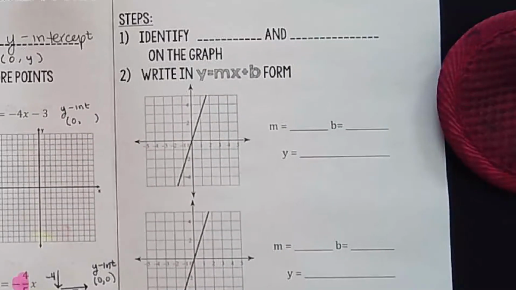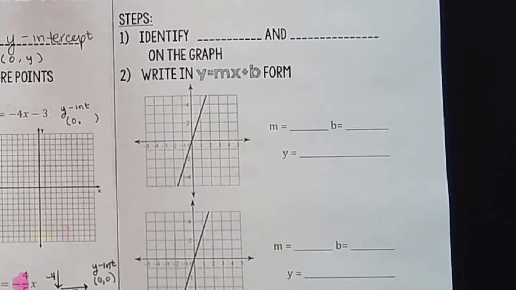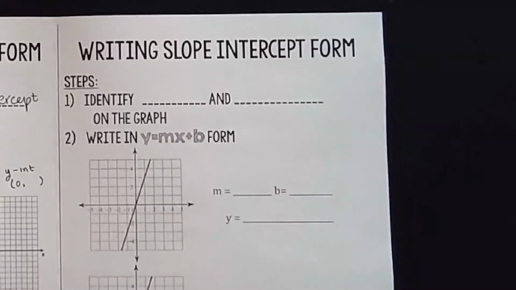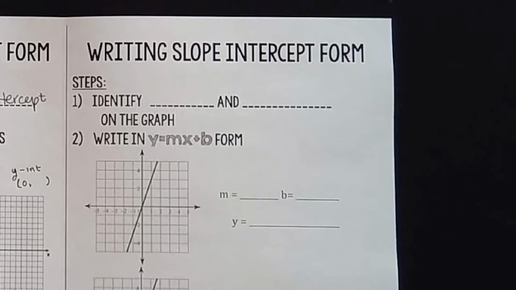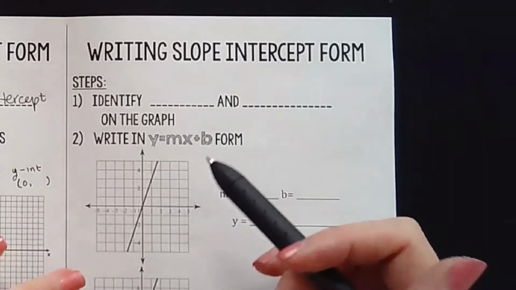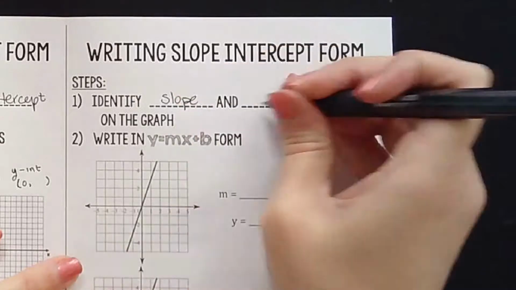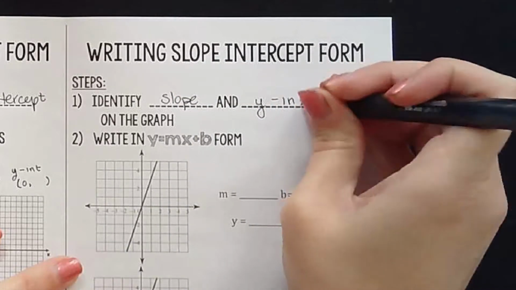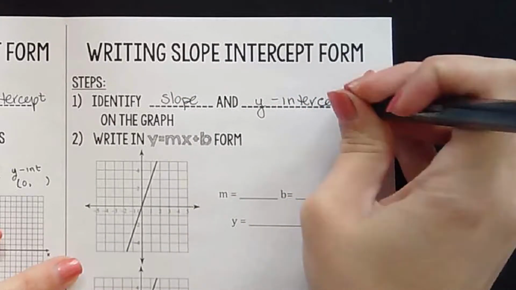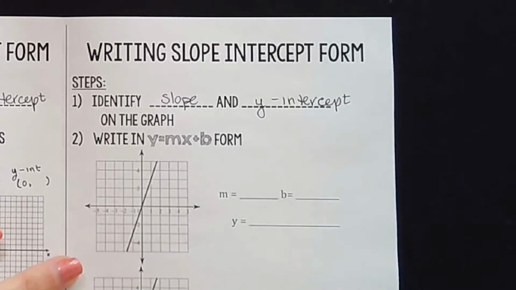The last thing that you need to be able to do for these notes is write an equation in slope-intercept form if they give you the graph. So our first step here is totally the same. I still need to identify the slope and the y-intercept. These are really important features of our function.